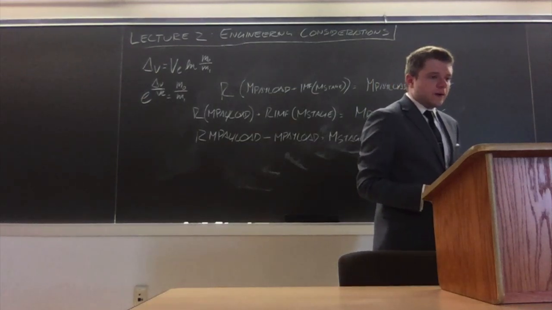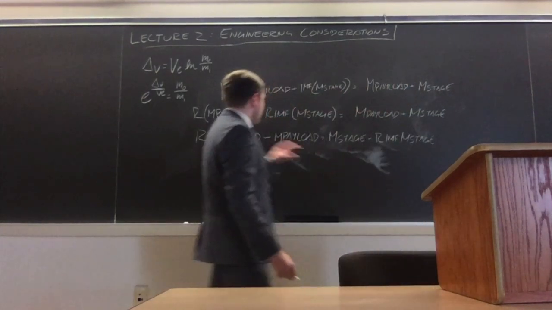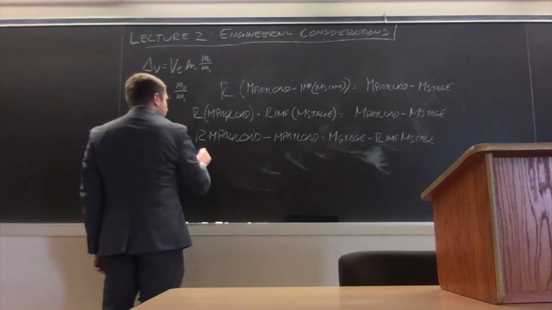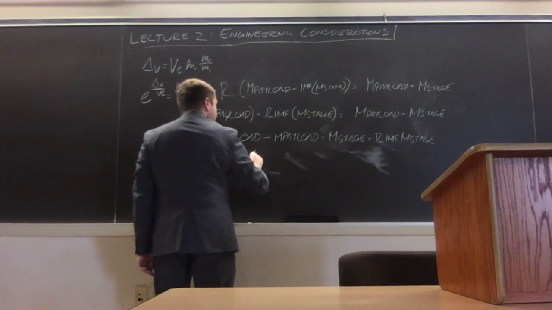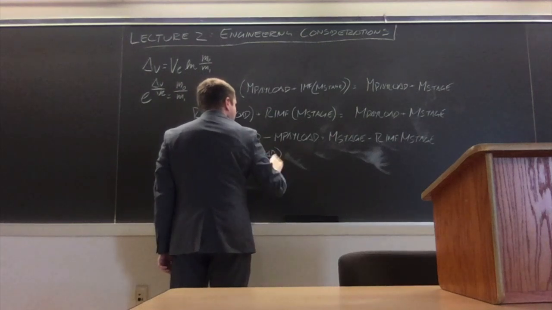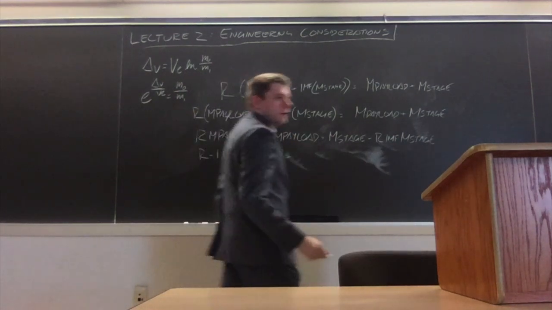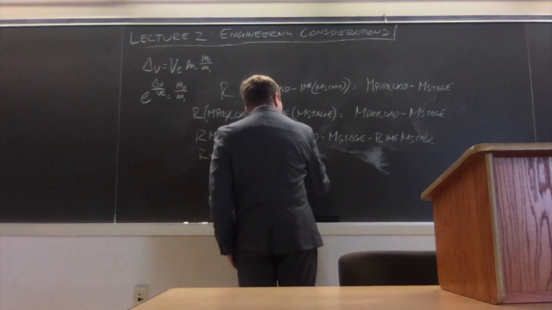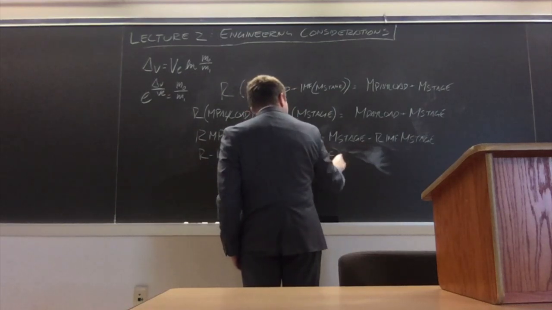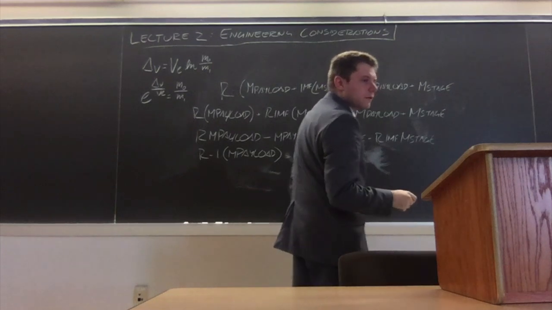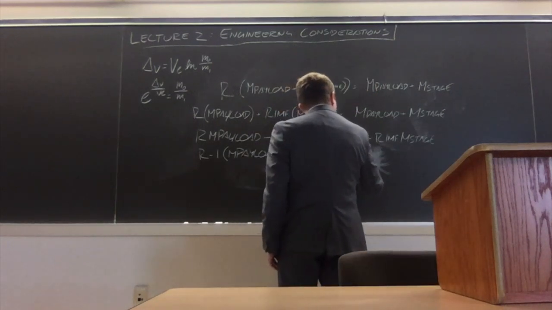And the final step in this is we can factor out M payload on this side, so we get R minus 1 times M payload is equal to, thus, very simply, 1 minus R times the inert mass fraction, RIMF, times M stage.